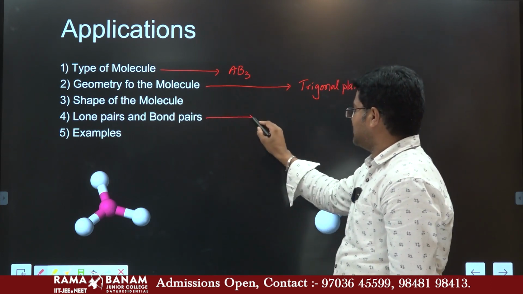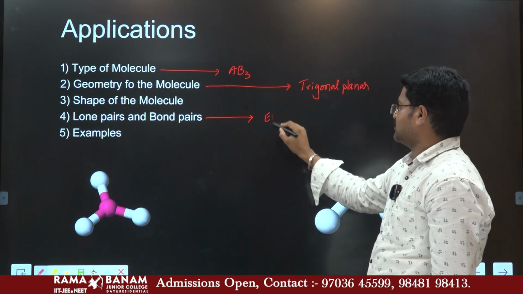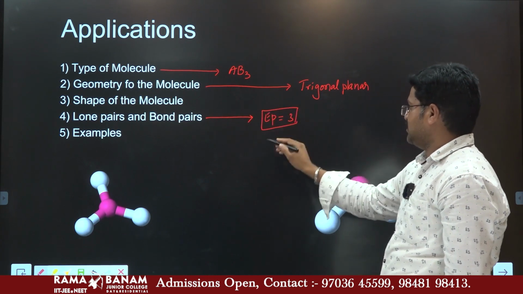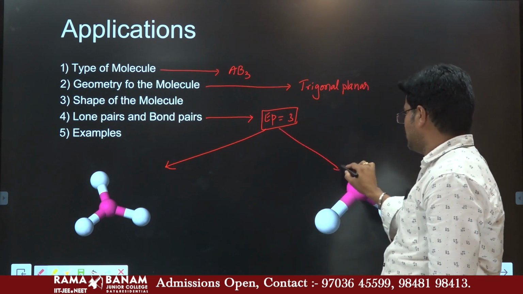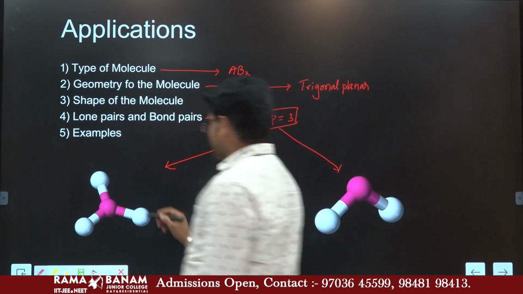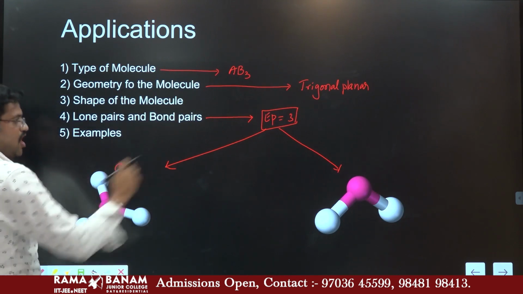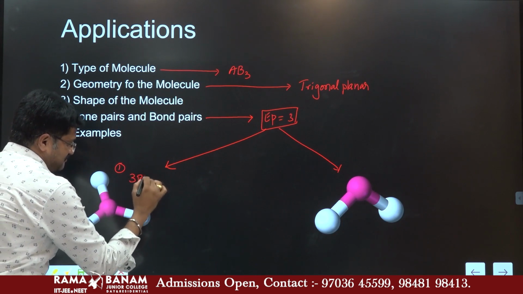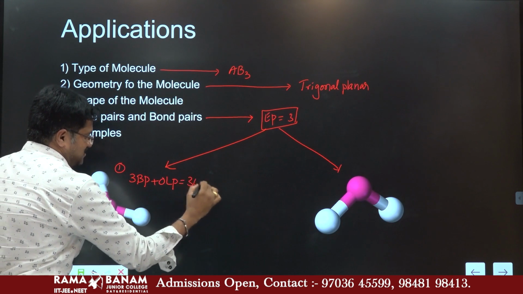How many lone pairs and bond pairs? Total electron pairs here are 3. There are 2 cases. The first case: out of 3 electron pairs, 3 bond pairs plus 0 lone pairs, total 3 electron pairs.